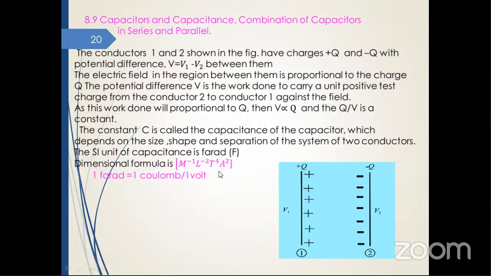In this way, we see the new concept, capacitance, which is the ratio of charge per potential difference, and that constant ratio is called the capacitance of the capacitor. In this way, we have learned what a capacitor is.